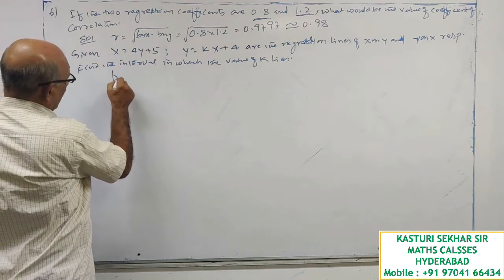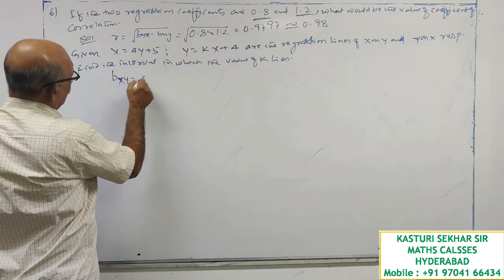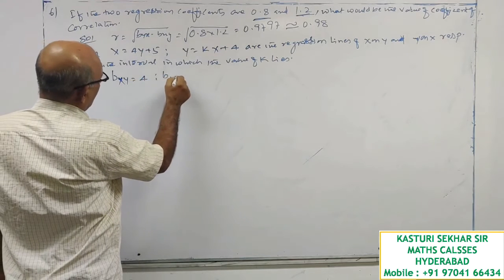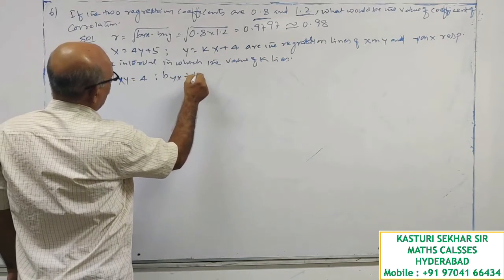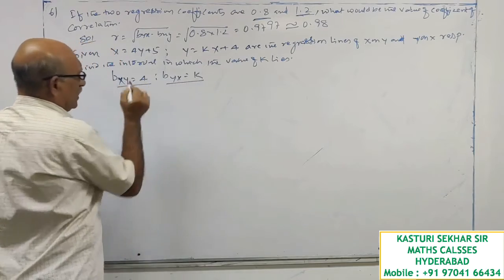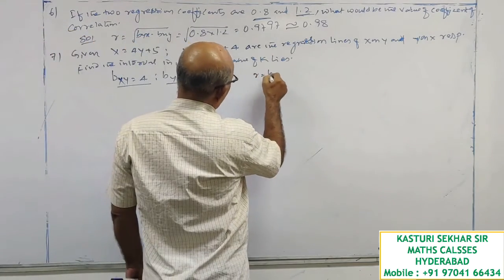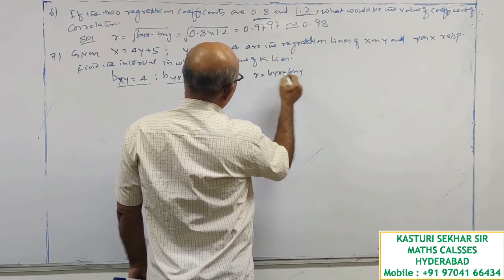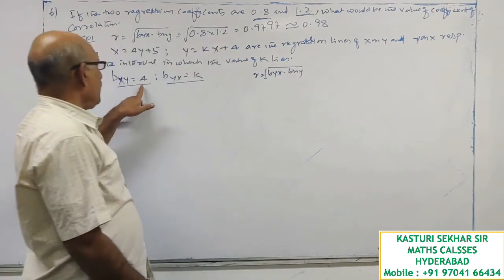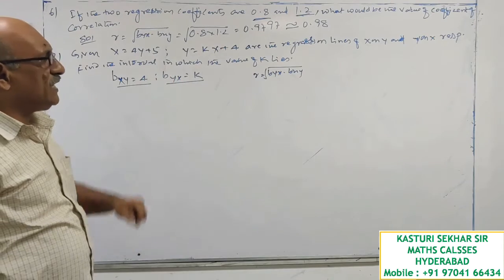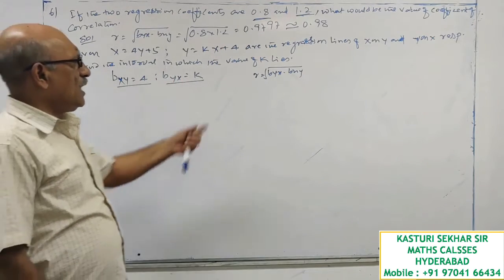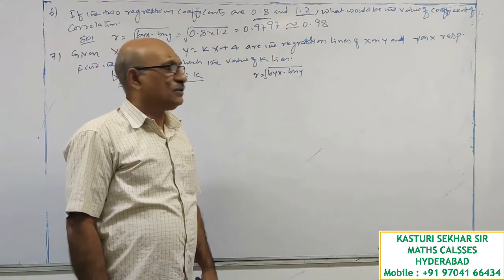Now sir, bxy is equal to 4, byx is equal to k. These two are given. Now we know r is equal to the square root of byx into bxy. One value is positive, which means definitely the other value is positive. Therefore r value is also positive.